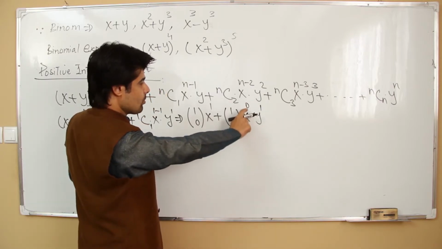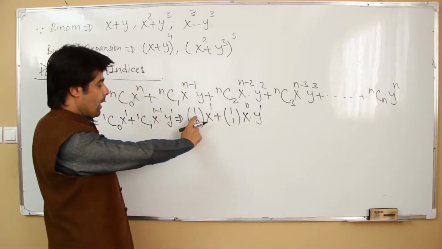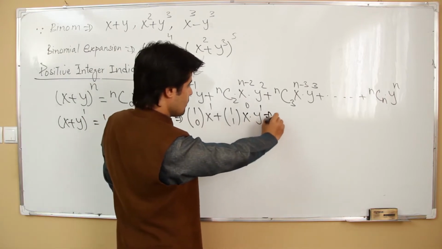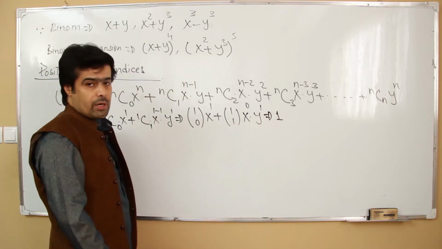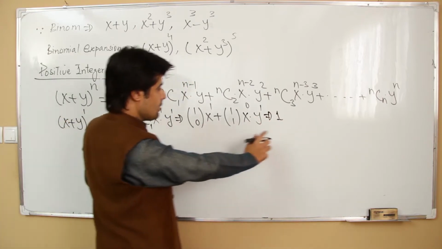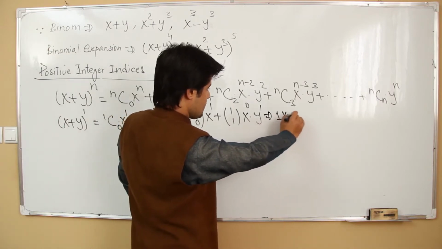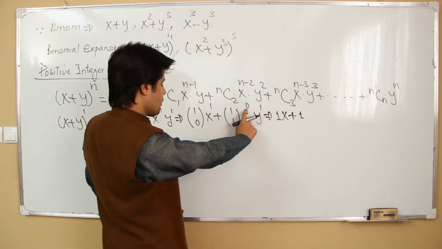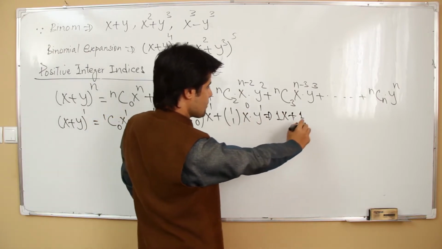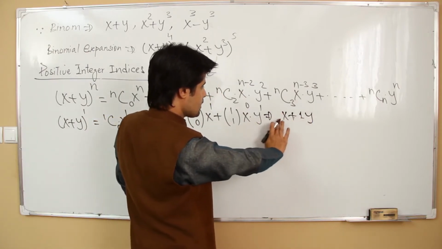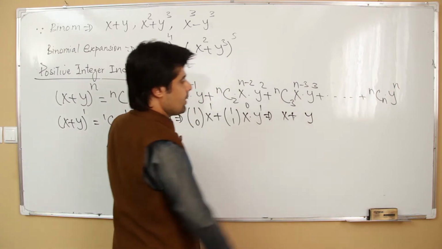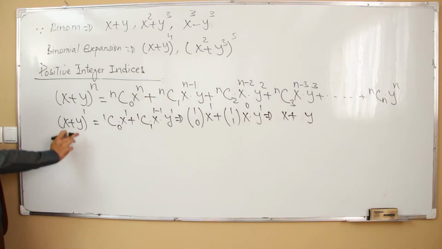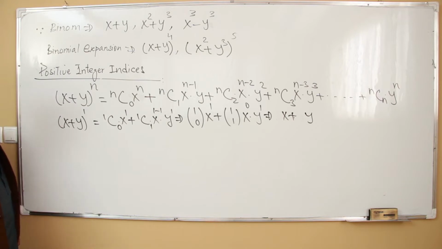You know, x to the power 0 is 1. 1C0 is 1, so 1 times x plus 1C1, which is 1, times x to the power 0, which is 1. 1 times 1 is 1. Then it is x plus y. This is the expansion for (x + y) raised to the power 1.